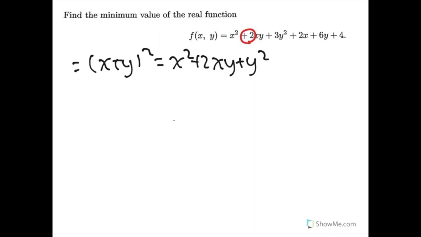So that is really nice. But the y squared term is different. Even after we consider this square here, we would still have left 2y squared plus 2x plus 6y plus 4. So what do we do next?